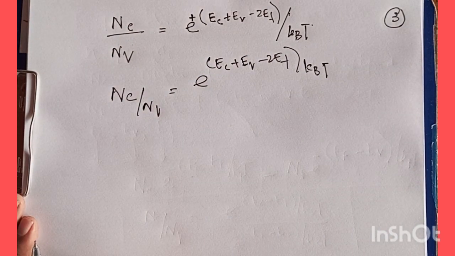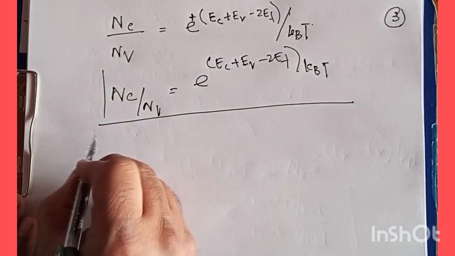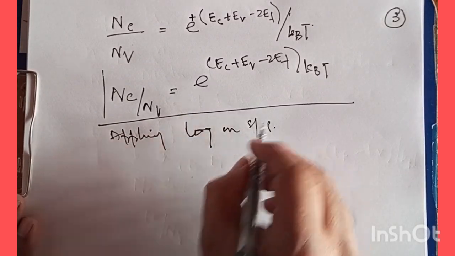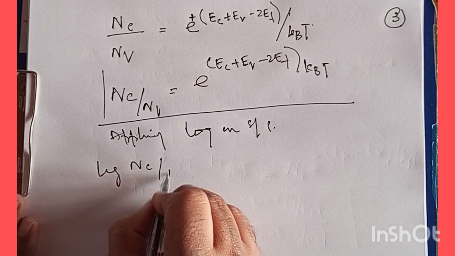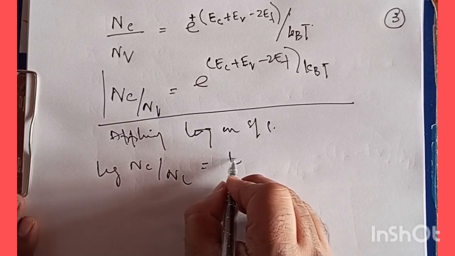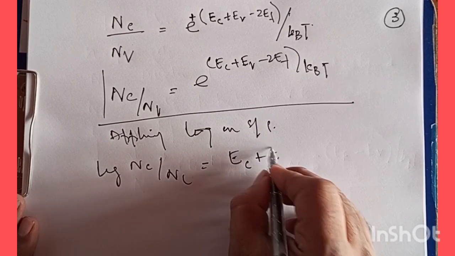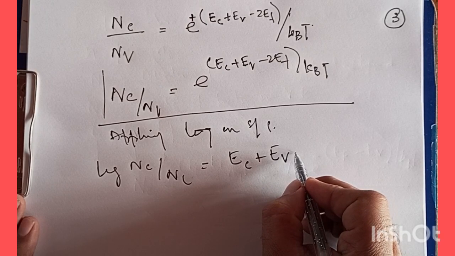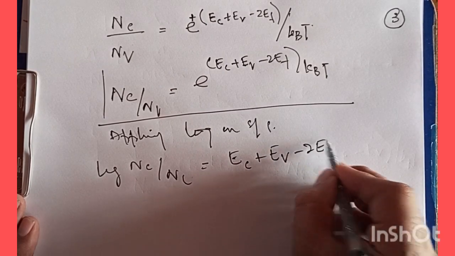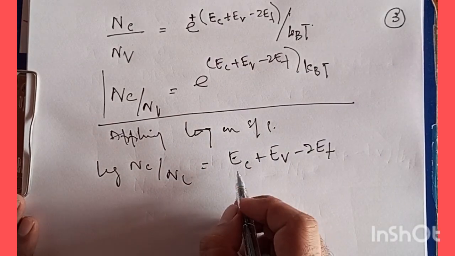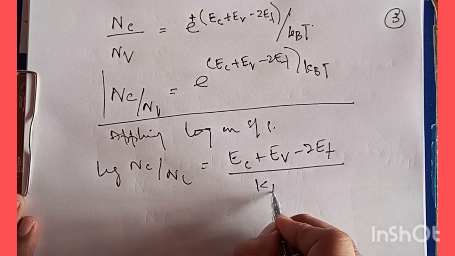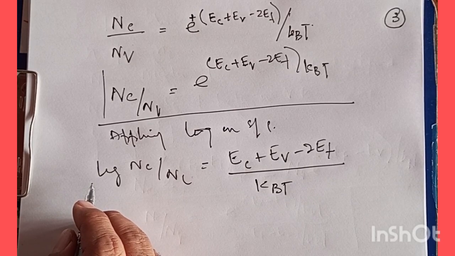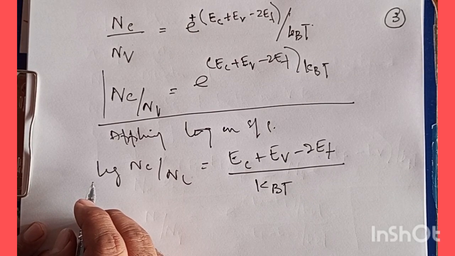All right, and if I apply log on both sides, I get log of N_C upon N_V equal to (E_C plus E_V minus twice E_F) divided by k_B T. We can move on from here.